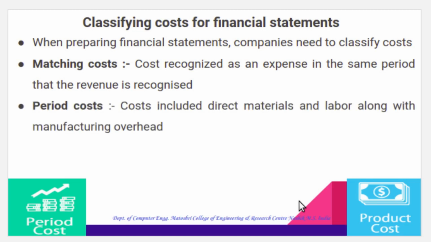The second one is period cost. Period cost includes any cost not related to the manufacture or acquisition of a product. Sales commission, administrative cost, advertising, and rent of office space are all period costs.